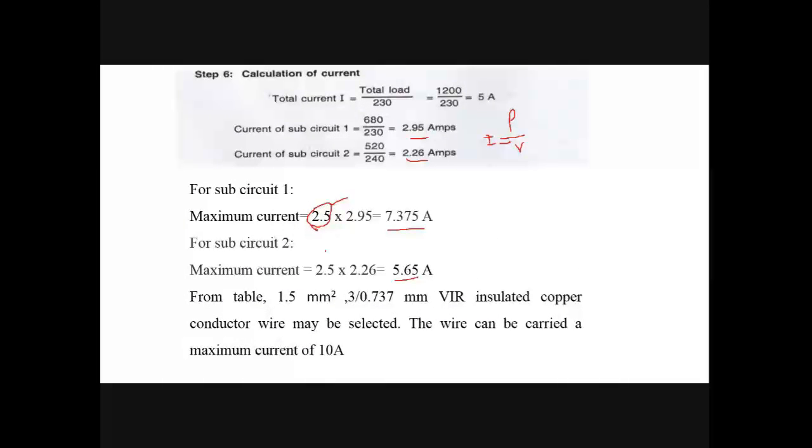And why have we taken this value as 10? Because if we are considering 1.5 millimeter square, the value comes as 3 divided by 0.737. VIR insulated copper conductor wire may be selected, and the wire can carry a maximum current of 10 ampere.